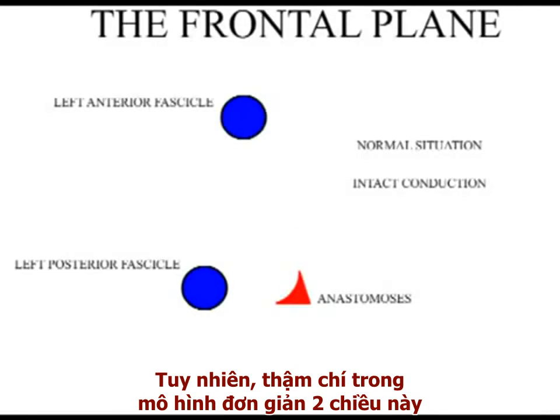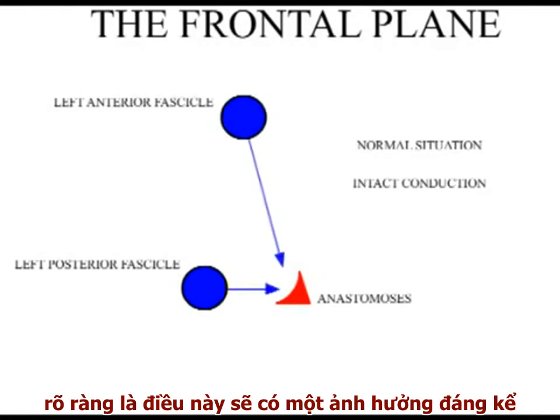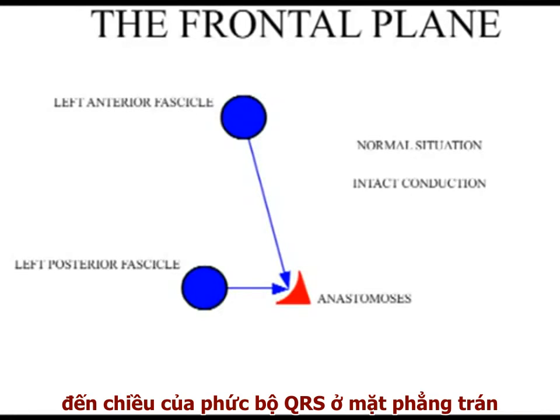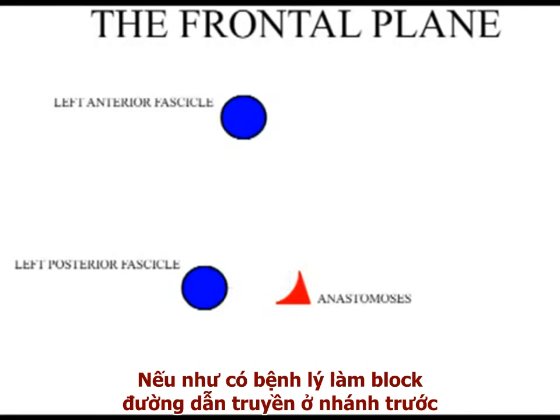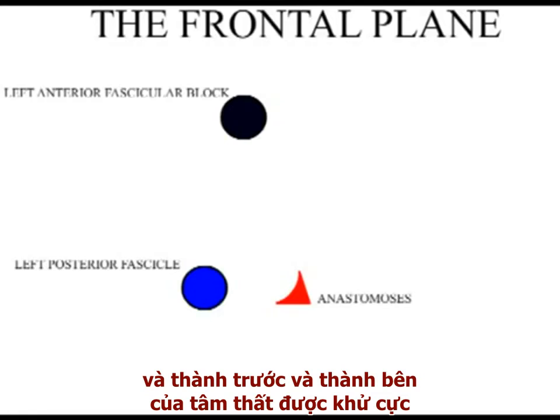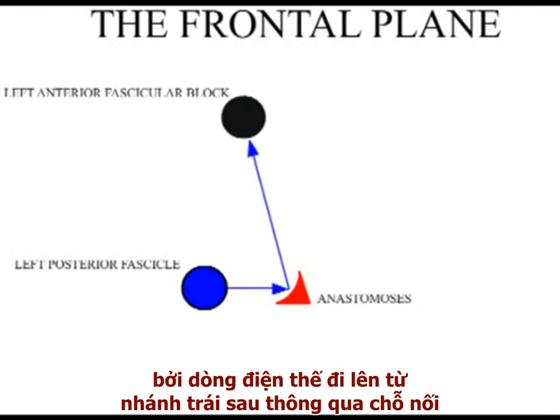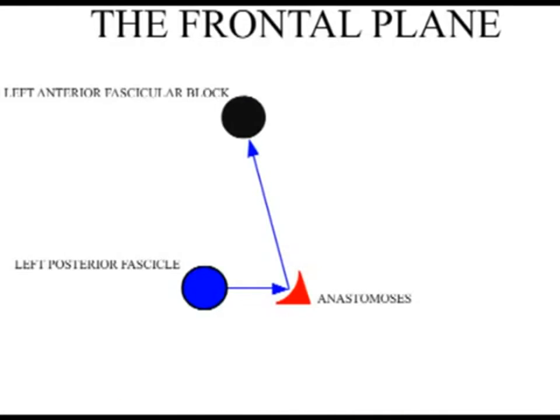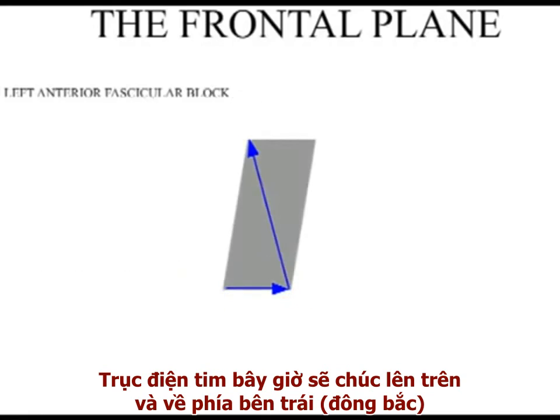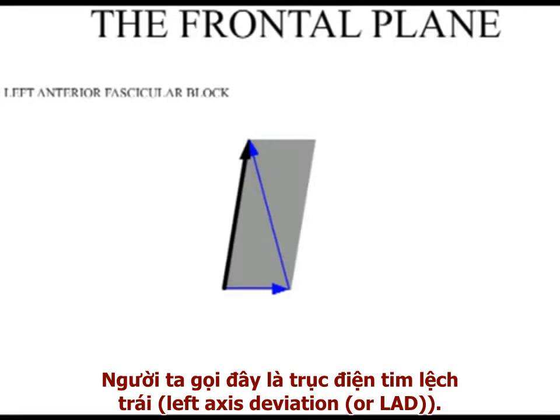However, even in this simple 2D graphic, it is clear that this will have a dramatic effect on the direction of the frontal QRS vector. If disease blocks conduction in the anterior fascicle, and the lateral and anterior ventricular walls are depolarized by current flowing upwards from the anastomoses in the left ventricular wall, the cardiac axis is now traveling upwards and to the left. This is termed left axis deviation.